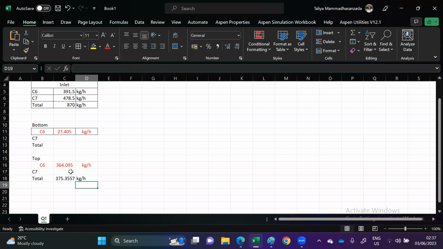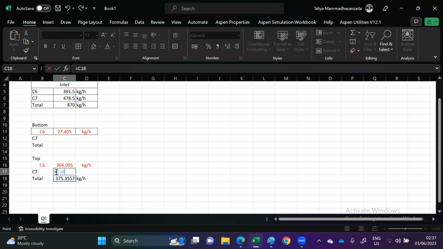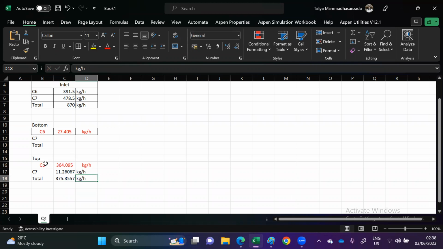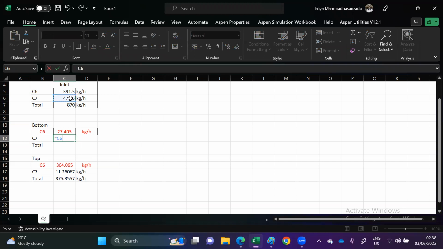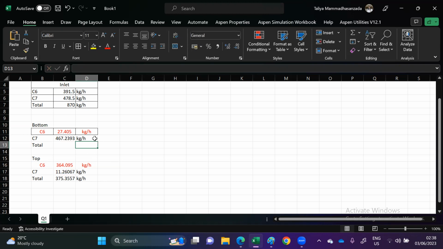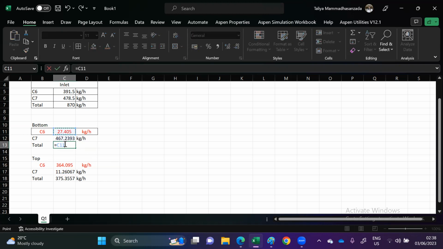I need to do subtraction, minus, kilogram per hour. So I have completed the C6 benzene, and I can also solve for the toluene, because the feed material is given and the top material is given. I can easily find the bottom by subtracting feed minus top. This is equal to the feed minus this value, kilogram per hour as well, and the total plus this one.